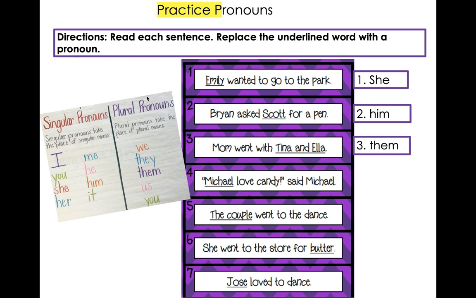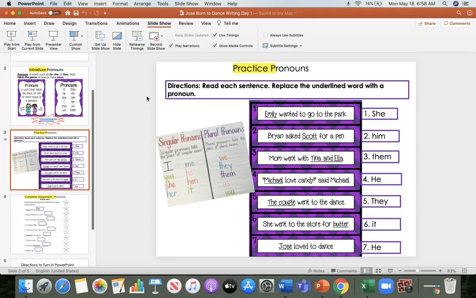It should say Michael loved candy, said Michael. That doesn't sound like he's speaking correct English, but that's the sentence, okay? So we need to replace Michael, and Michael again is a boy, so I think that since he's talking about himself, because Michael loved candy, said Michael, maybe I'm thinking it should be me love candy, said Michael, instead of he, because he's talking about himself, right?